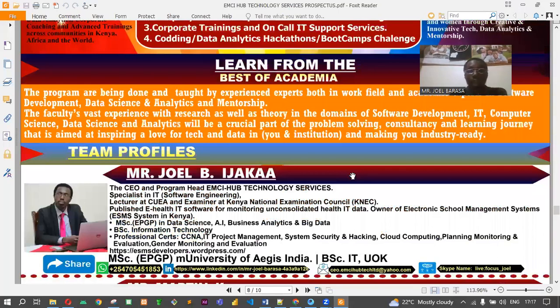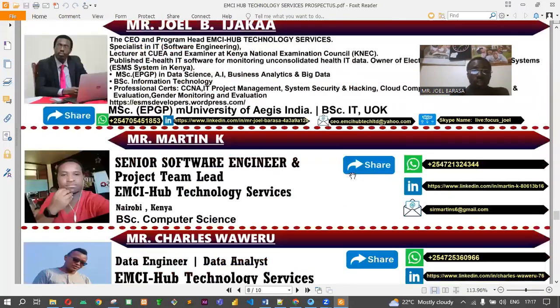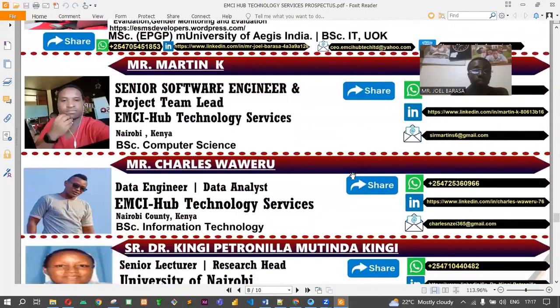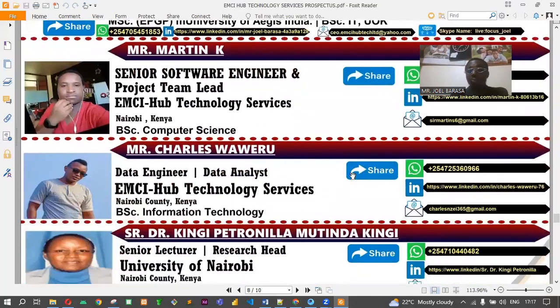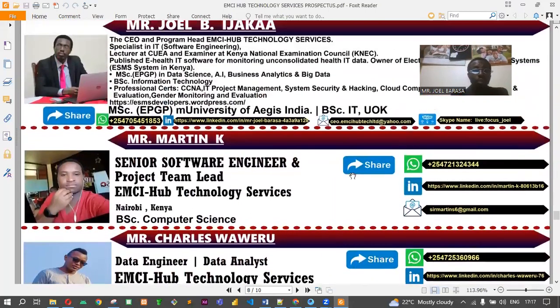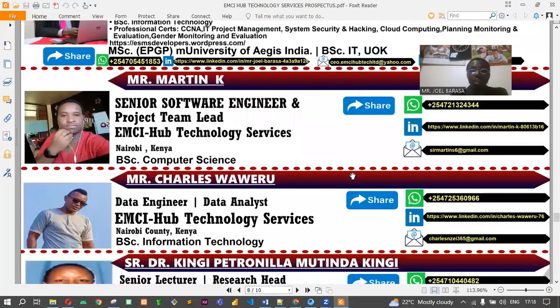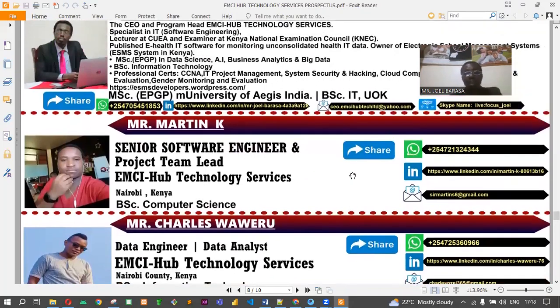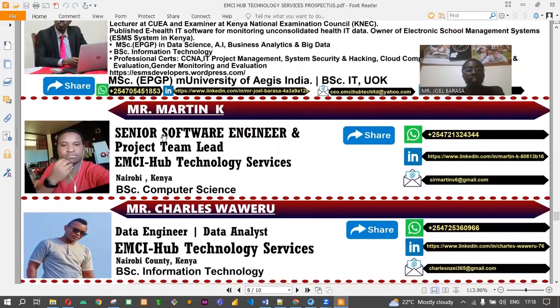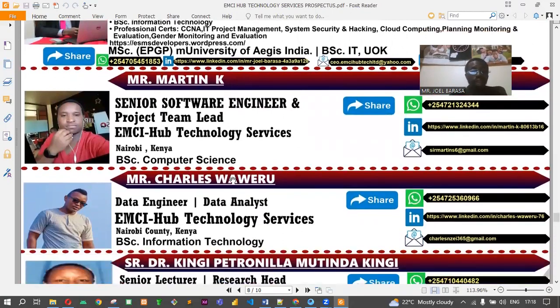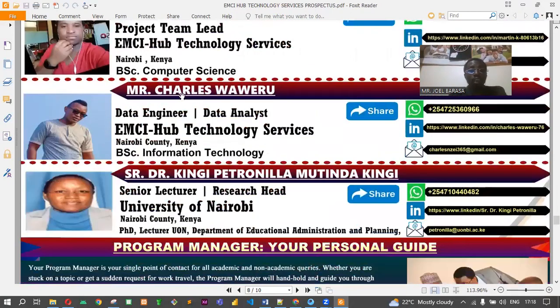We also have other leading programs that we might offer you. Our mentors work in different areas and different capacities. Others are lecturers, others are tech industry heads. This one is a senior software engineer. This one is a data engineer and data analyst.